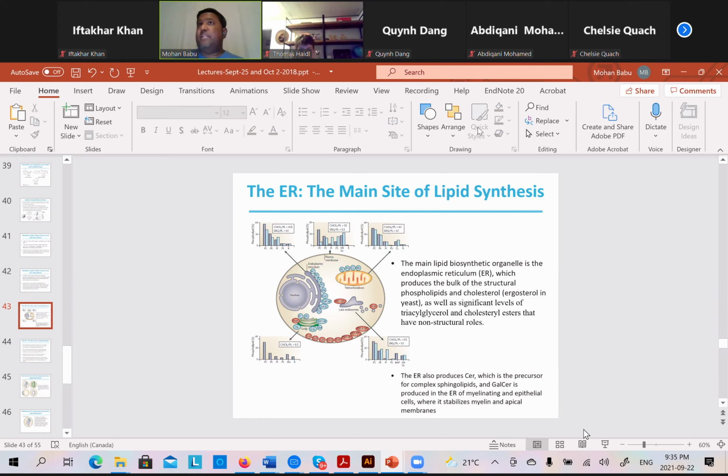So the two important points: the structural phospholipids and cholesterols are all synthesized in the ER, and the ER also produces the ceramides, which are the precursor of the complex sphingolipids.